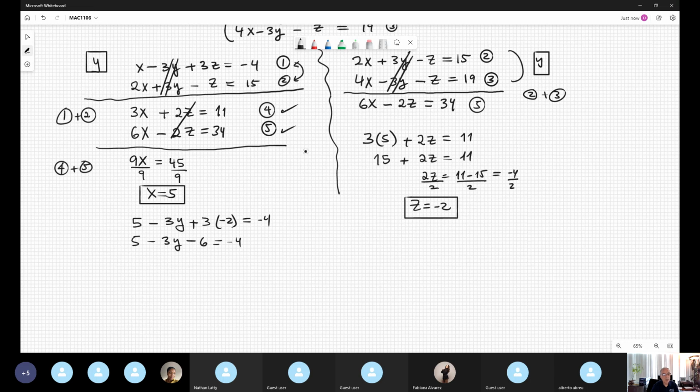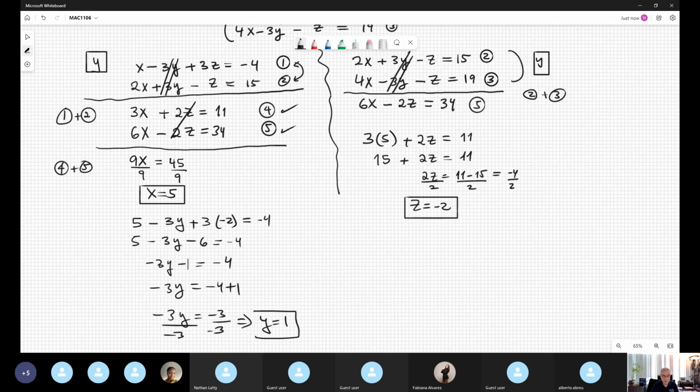Now we combine like terms: minus 3y minus 1, the positive 5 and negative 6 is negative 1, equal minus 4. Minus 3y is equal minus 4 plus 1. I move 1 to the right hand side, that is minus 3, and divided by minus 3 both sides, y is equal negative 3. Sorry, it's positive 1.